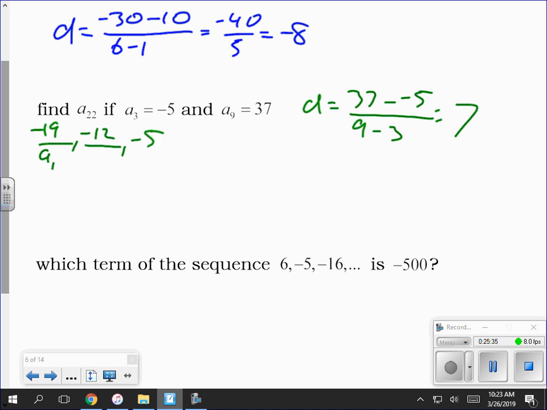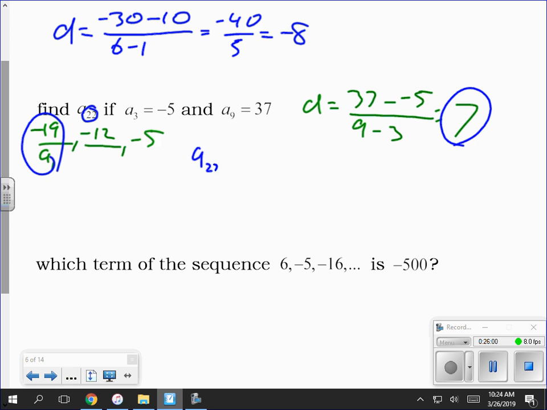Okay. I have my first term, I have my D, I have N. I can plug them into here just like we did earlier. I have my first term, I have my N, I have my D. Plug those 3 into the formula here.